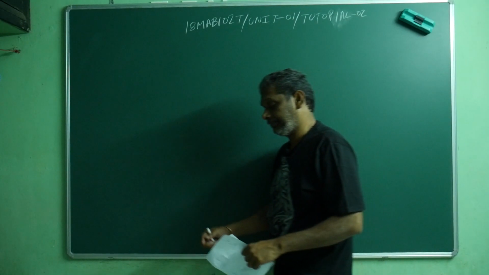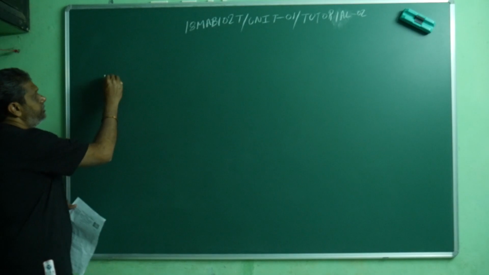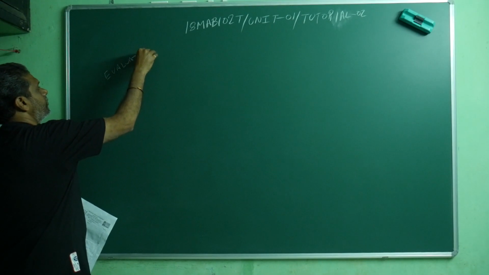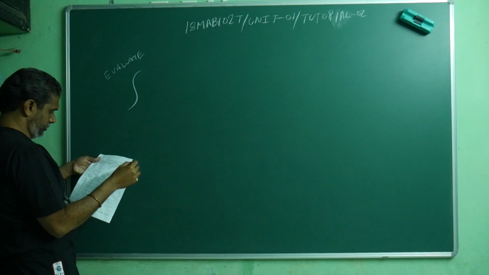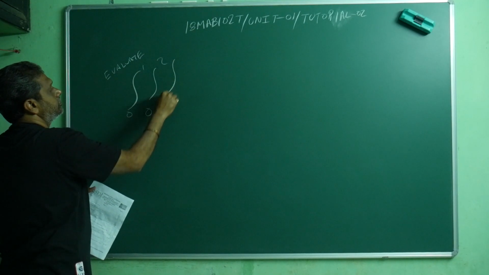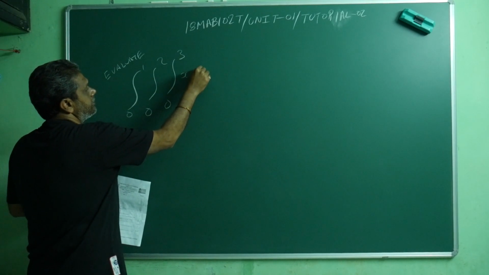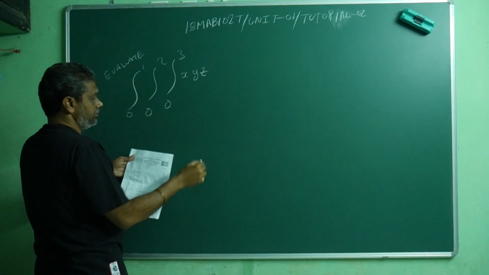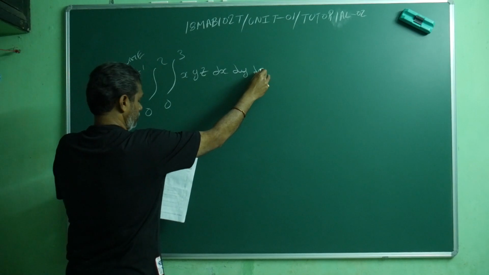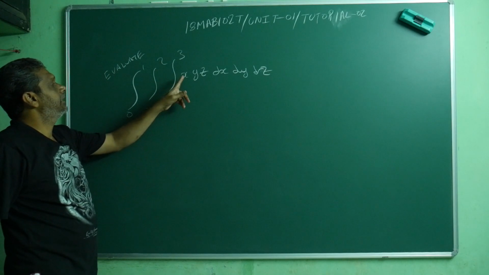First problem: evaluate the triple integral running from 0 to 1, 0 to 2, 0 to 3, of xyz dx dy dz. See, the function is explicit, means what?